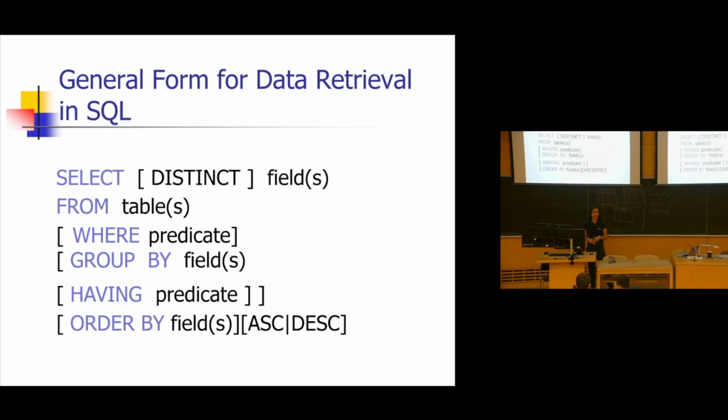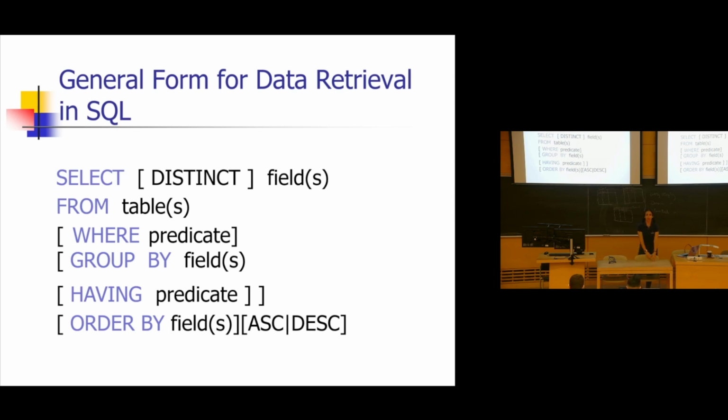Now, from the table or tables you want to get your data, that is where your condition comes. For instance, if you want to select students whose GPA is A+, what is the condition here? A student with A+ GPA. So if you have a column GPA, that goes to your condition.